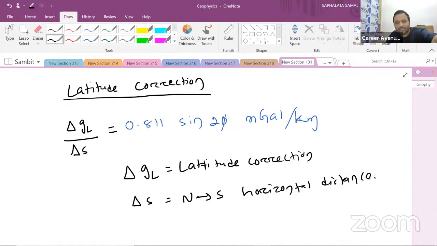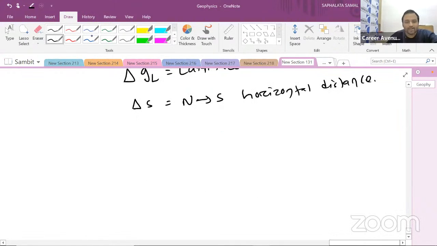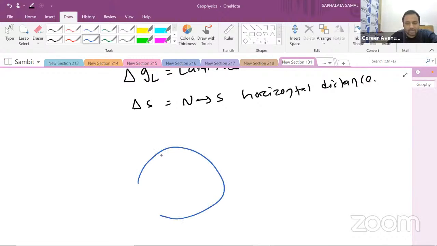For example, let's say we are standing on a particular latitude. This is the Earth. I am standing over here. My first measurement was here. I am going to the second location. This is, suppose, A. This is B. How will my gravity vary? It will increase or decrease, guys. From A to B, the gravity value will increase or decrease?